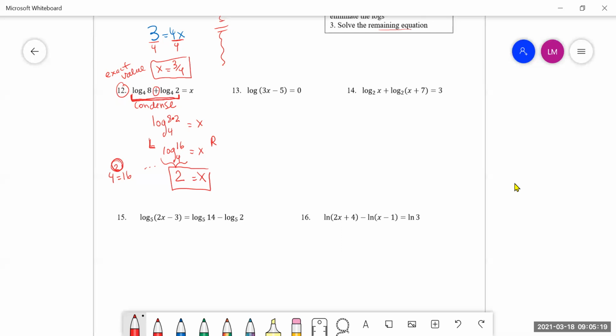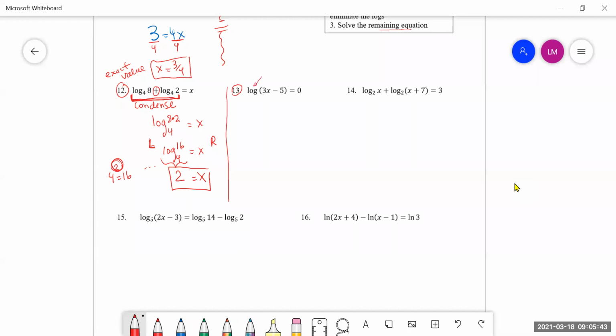All right, so let's go ahead and do the next one, number 13. All right, so I have a single log, one single log, so that means I don't need to condense, but I have to recognize that there is no base.